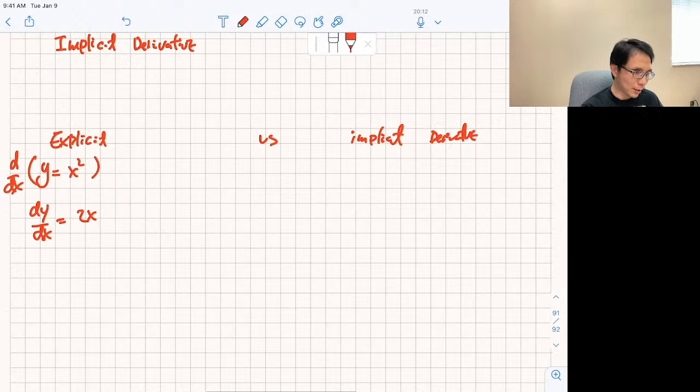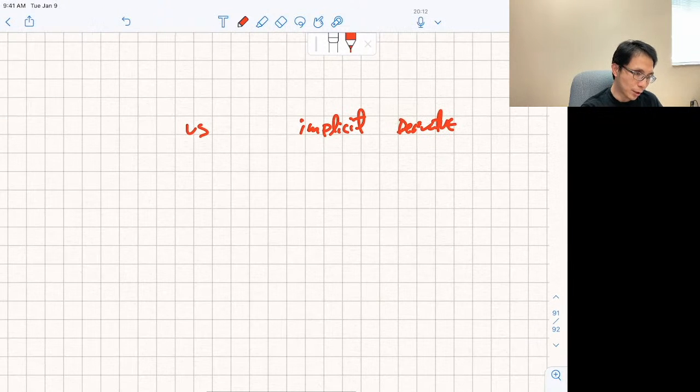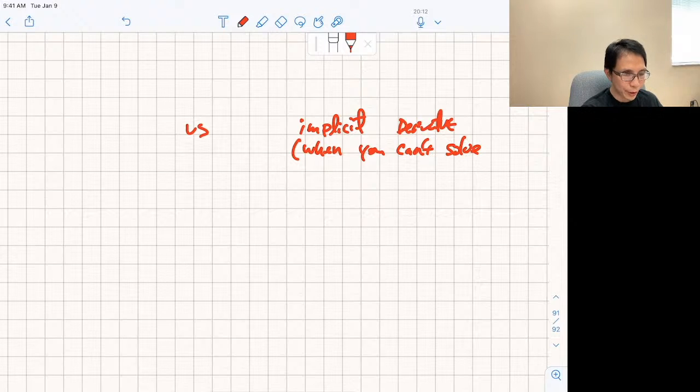Now implicit derivative is a little bit different. Implicit derivative is not always y equal to. So when do you use implicit? It's when you cannot solve for y. That's a very general term, because sometimes you cannot solve for y.